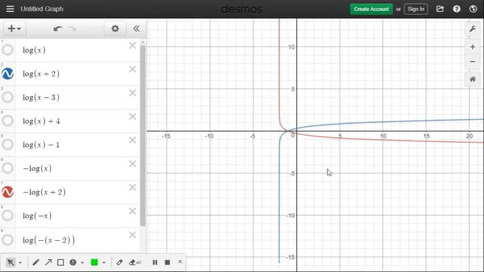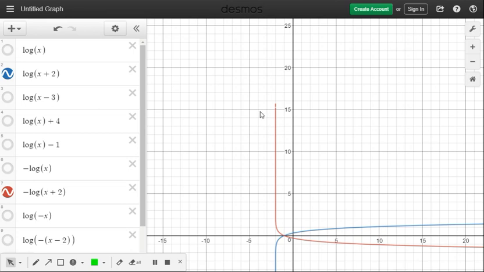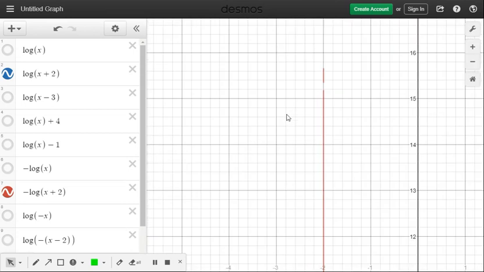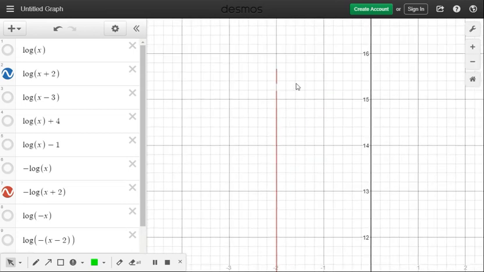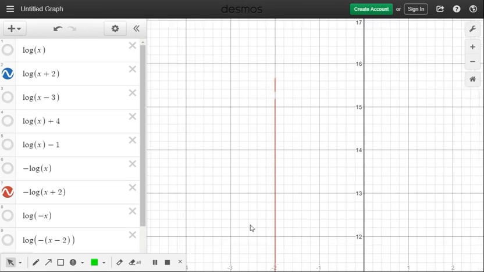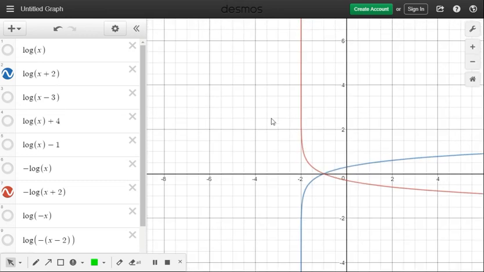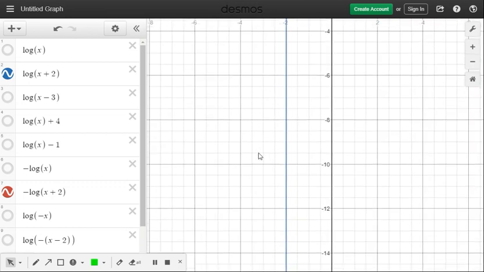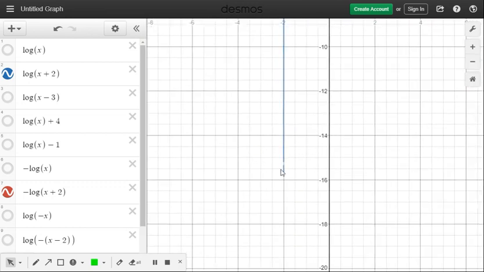Now, it seems that it's not continuous, because if you look at the left side of the red graph, it does not go all the way up for the y value. So it stops. And you can say the same for the blue graph. It didn't go all the way down. It's not continuous all the way down.